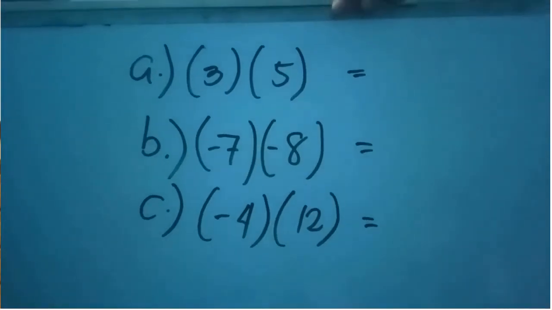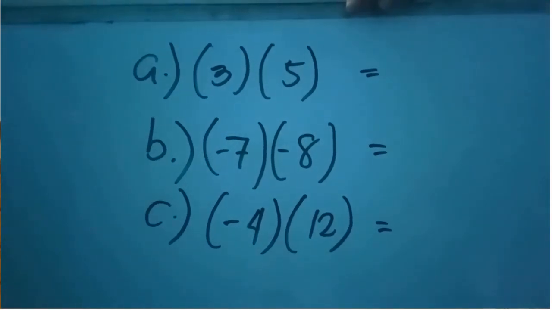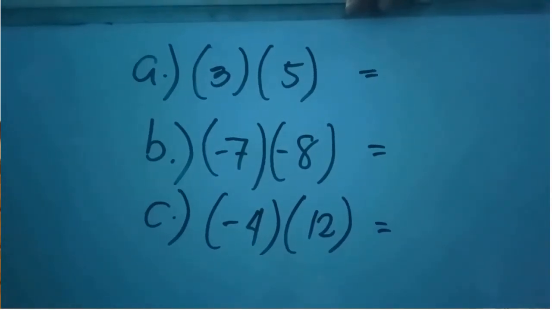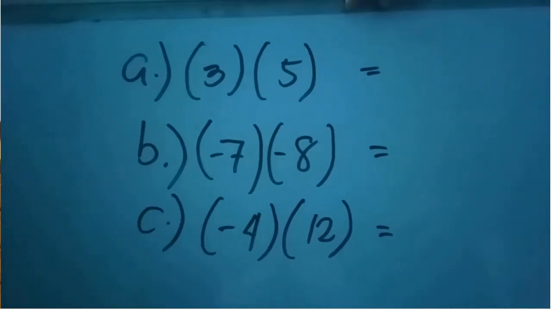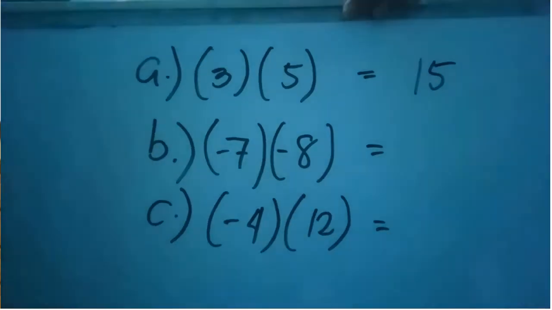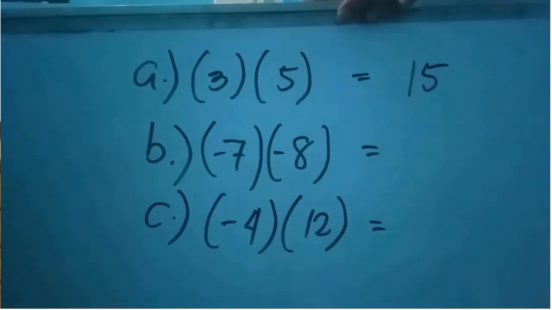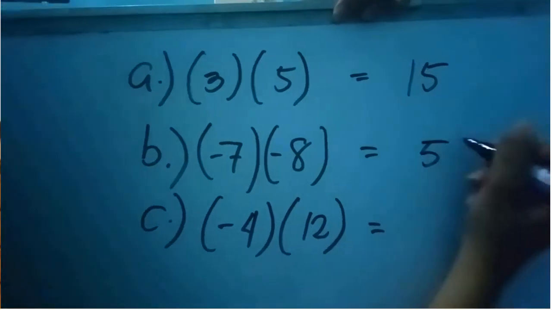Now let us find the product of the following numbers. Letter A, 3 times 5. We have same sign, always positive. So positive 3 times 5 is positive 15. Letter B, negative 7 times negative 8. 7 times 8, we have 56.